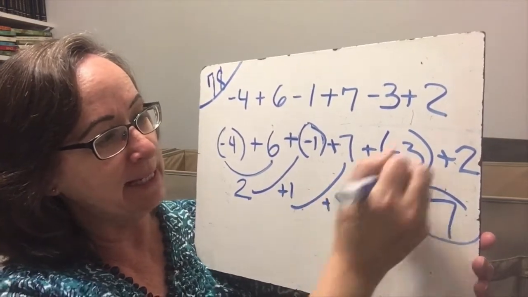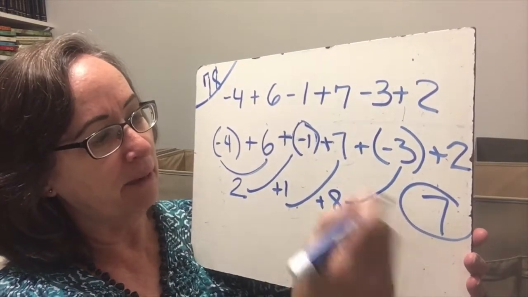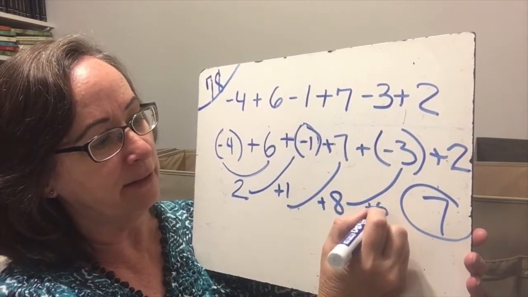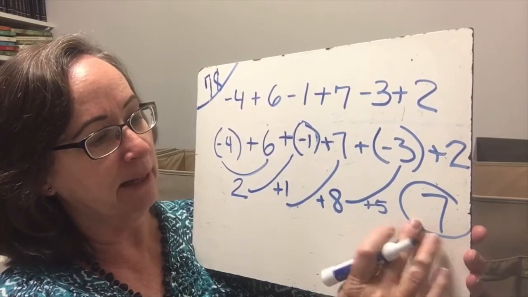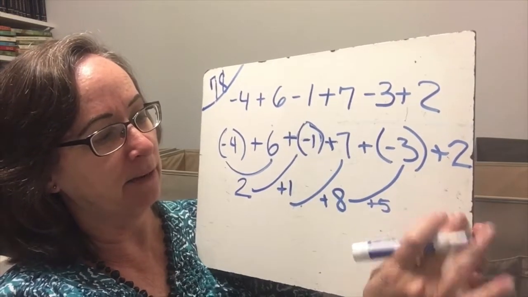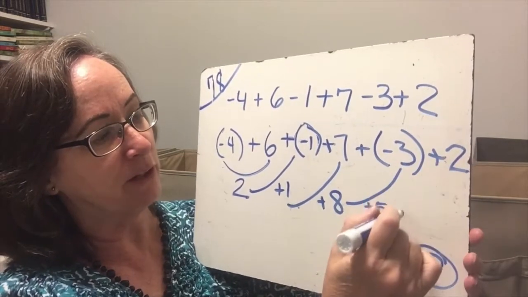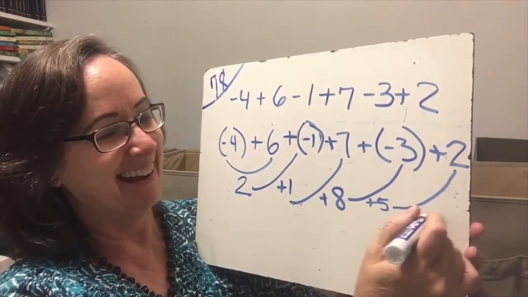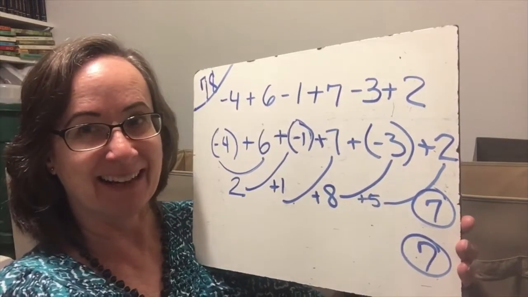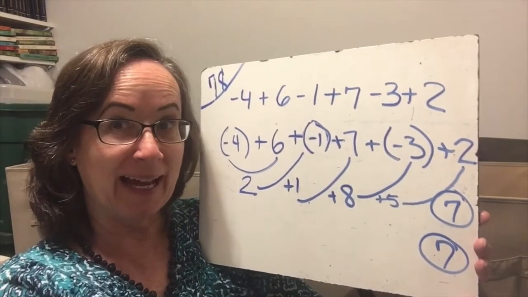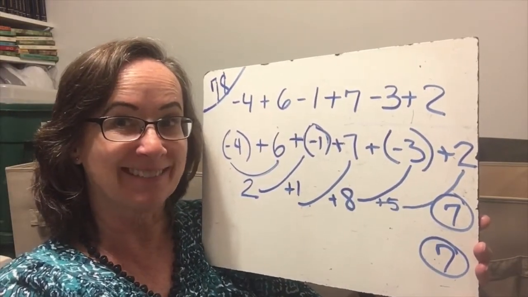We add the 8 with the -3, and we're going to get a +5. And I've got my 7 in the way. We'll move my 7 down a little bit because that 7 was the old answer, right? And then we got the 5 and the 2, and we get the +7 again. So we did it two different ways and got the same answer.